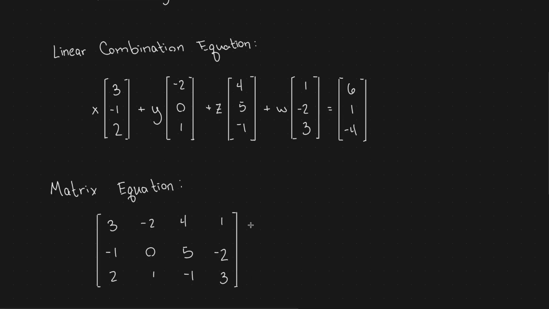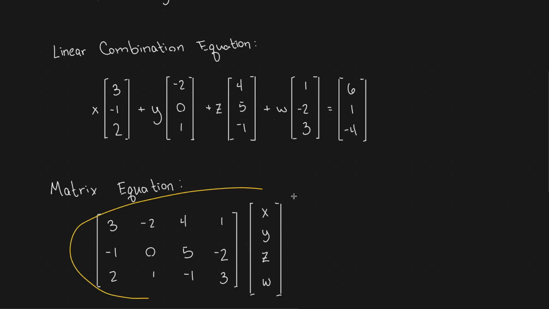And then we're going to multiply that by our vector of variables, by the scalar multiples of our linear combination. So our variables x, y, z, w.